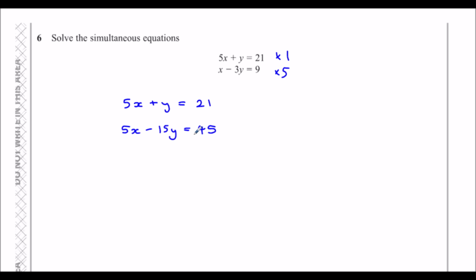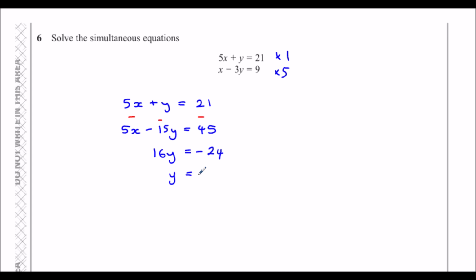To get rid of them, I'm going to take away. 5x take away 5x is nothing. 1y minus negative 15y, so 1y plus 15y is 16y. And 21 take away 45 is negative 24.